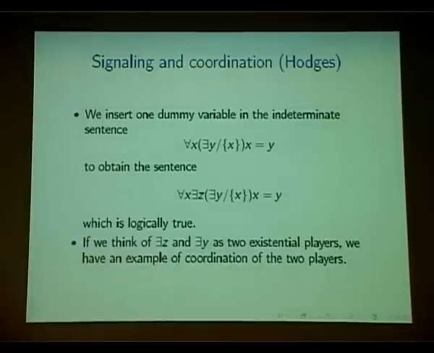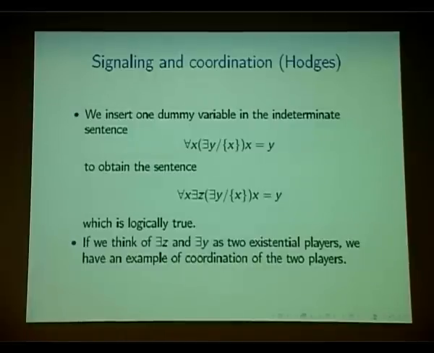If we think of the existential player as consisting of two members, corresponding to the two existential quantifiers, then the two existential players can coordinate with each other.